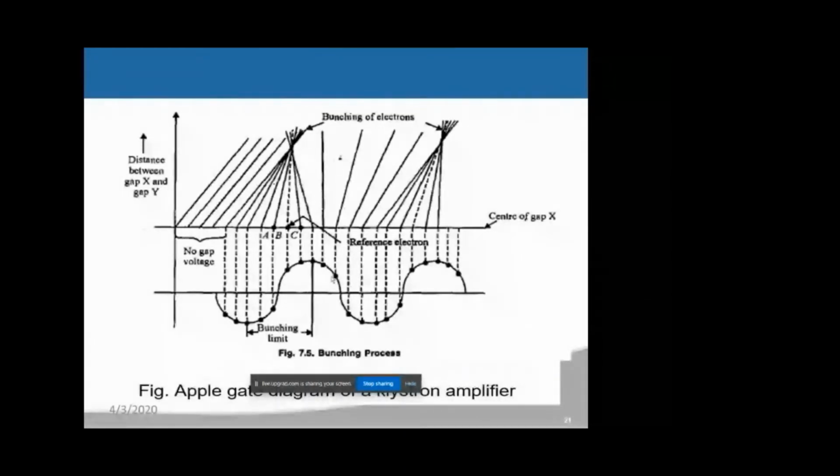Now, when we apply the RF signal, depending on its amplitude, the electrons will get either higher or lower speed.